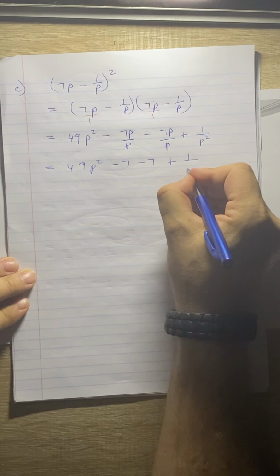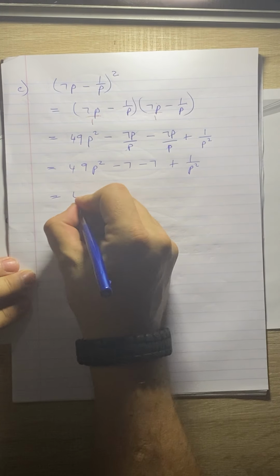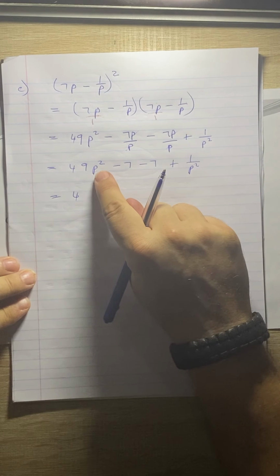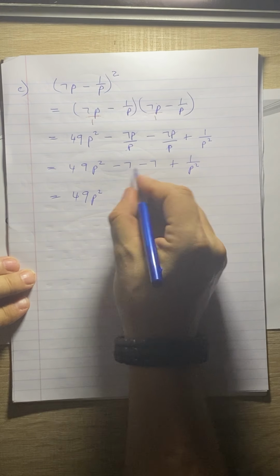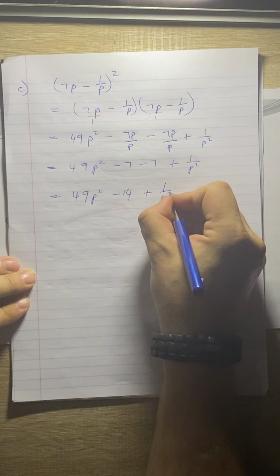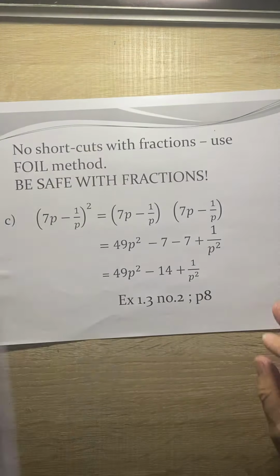Plus 1 over p squared. Get like terms together. There's no other p squareds. Yes, that is a p squared, but it's in the denominator, so it's not a like term, okay? So 49p squared, minus 7 minus 7 is minus 14, plus 1 over p squared. All right, not too bad.